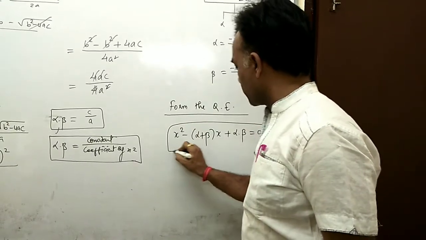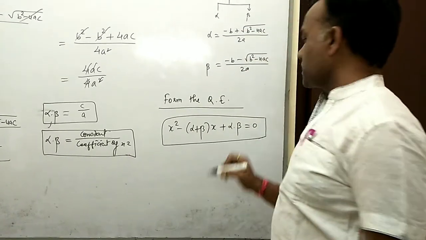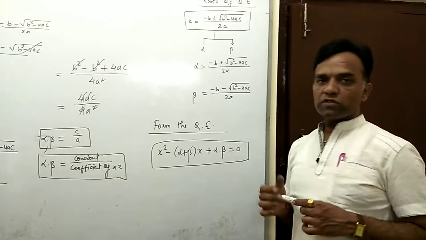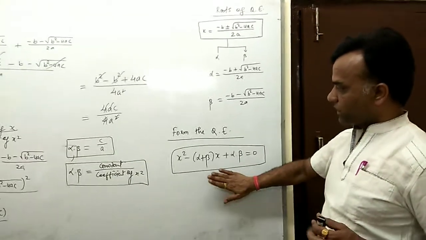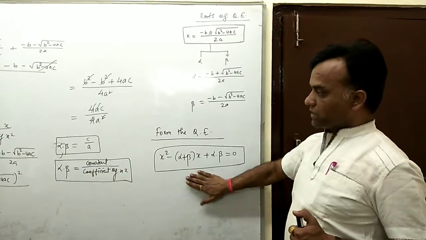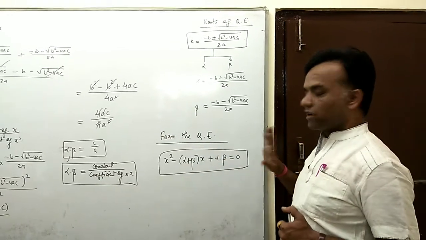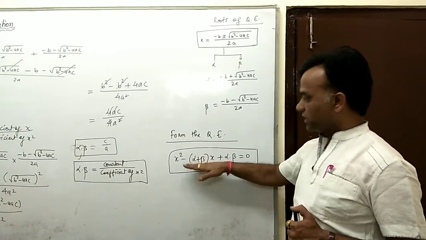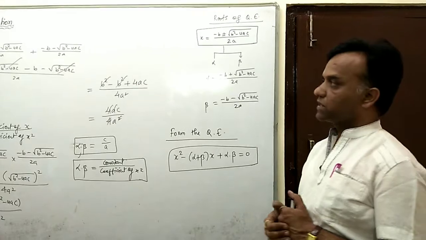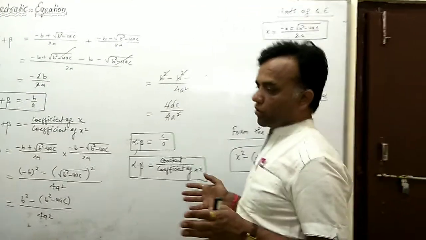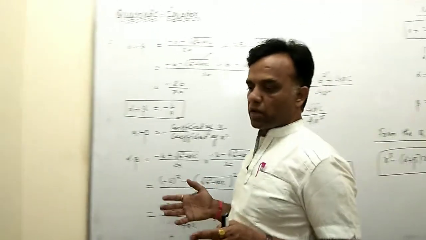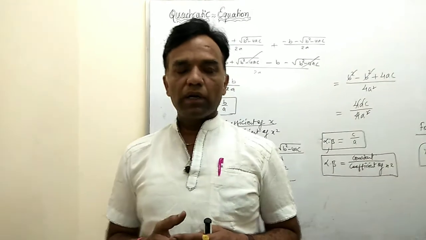This is the basic formula you use to form any quadratic equation. Okay, so suppose roots are given, then you form the quadratic equation. Okay, so you use the concept of alpha plus beta and alpha into beta, you put them in this formula, and you get the quadratic equation.